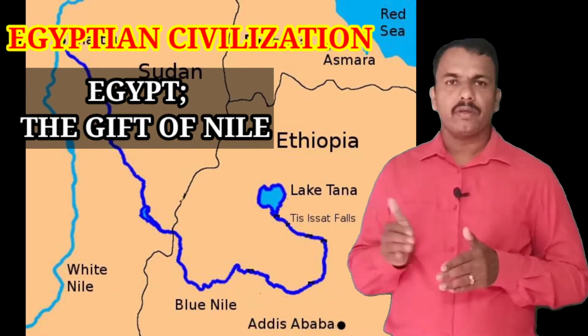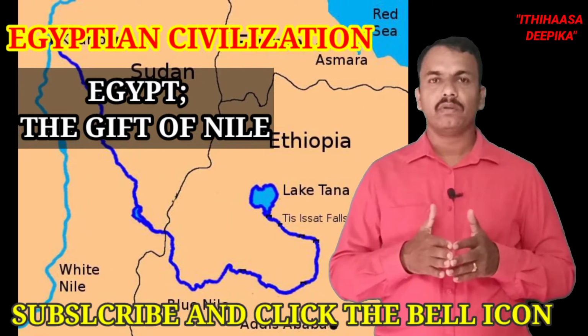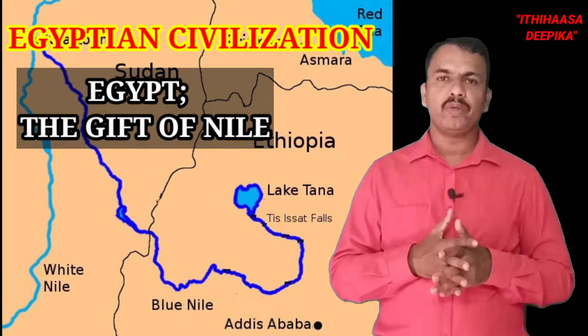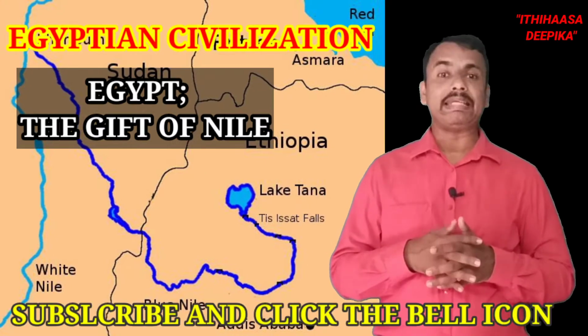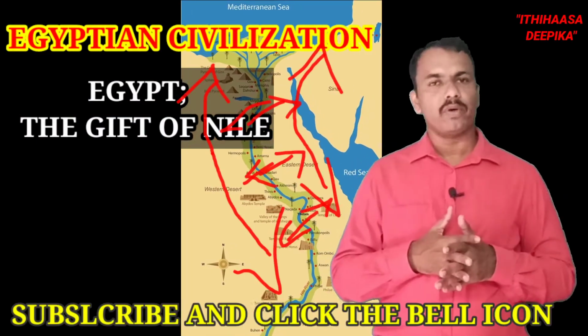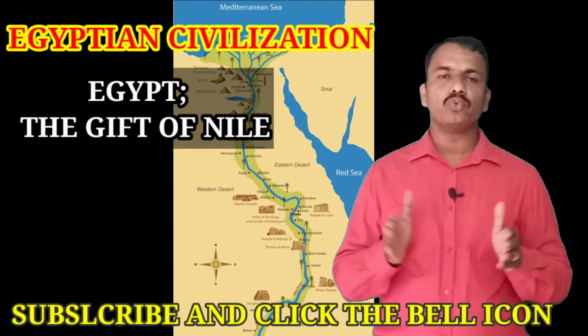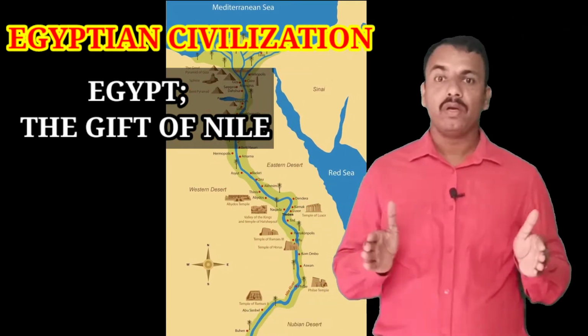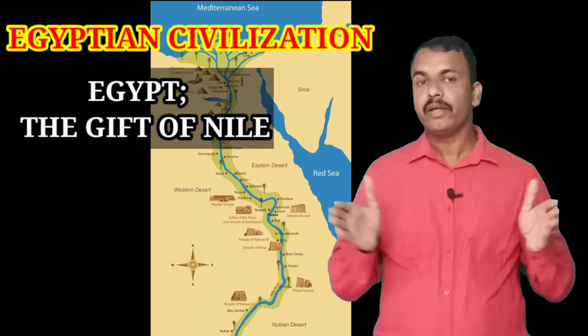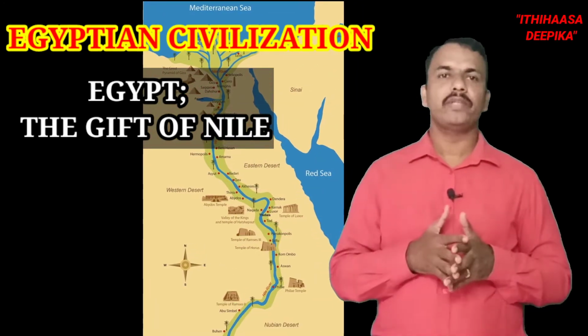In Egypt, the river Nile created fertile land of 15 to 20 kilometers on either side of the river.